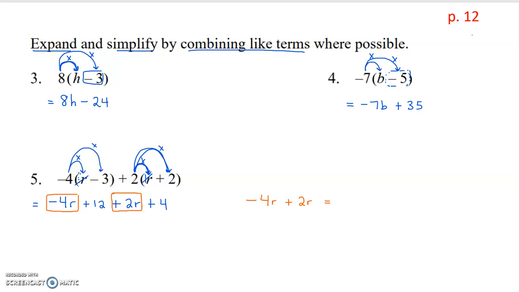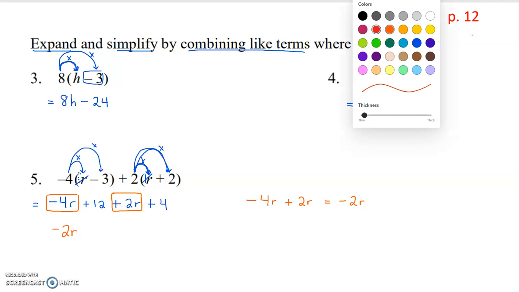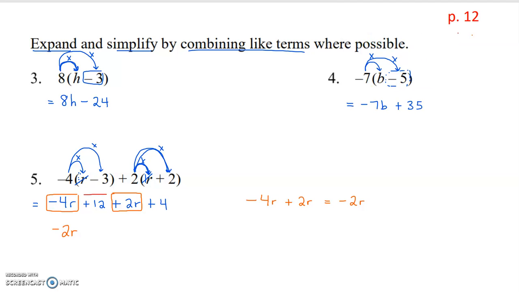So negative 4r plus 2r is going to result in a negative 2r. So I'm going to write that first, negative 2r. And then for my constants, I have a positive 12 plus 4, which is 16. So it's going to be negative 2r plus 16. Now I'm simplified as far as I can go.